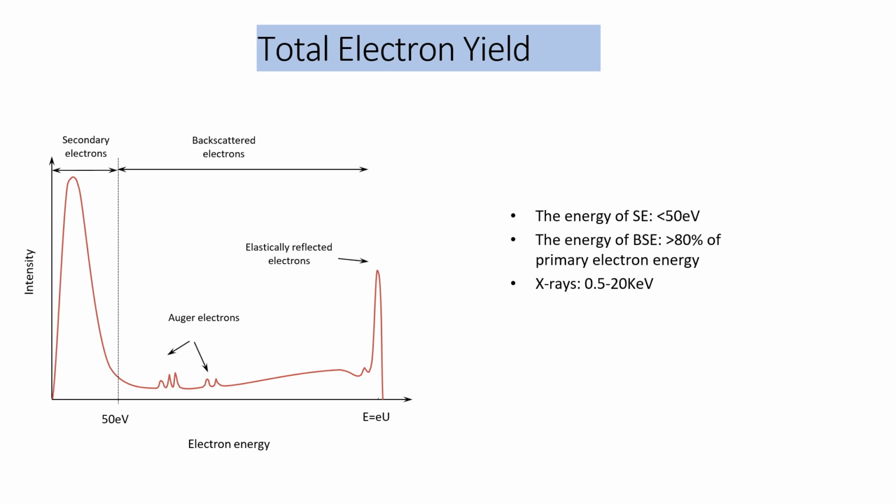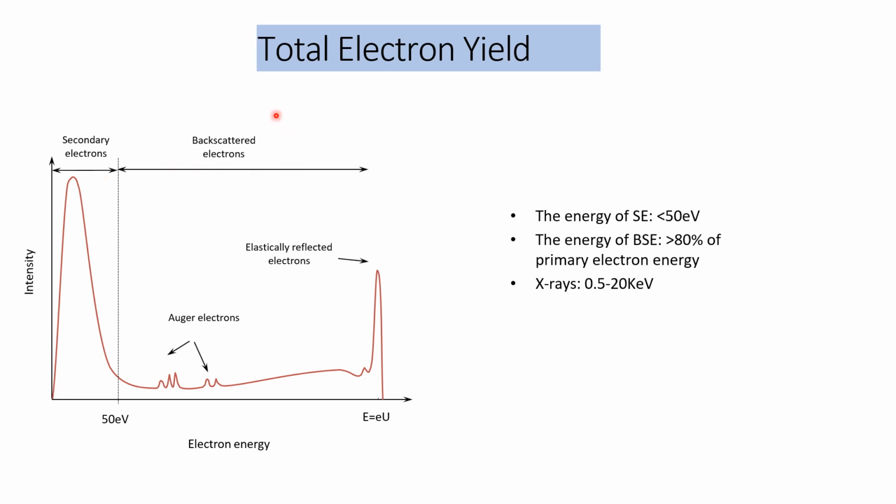So this is the total electron yield graph between the intensity and the electron energy. As we can see, secondary electrons have less energy as compared to the backscattered electrons. In secondary electrons, there is inelastic collision. Inelastic collision means there is some loss of energy when collision takes place.